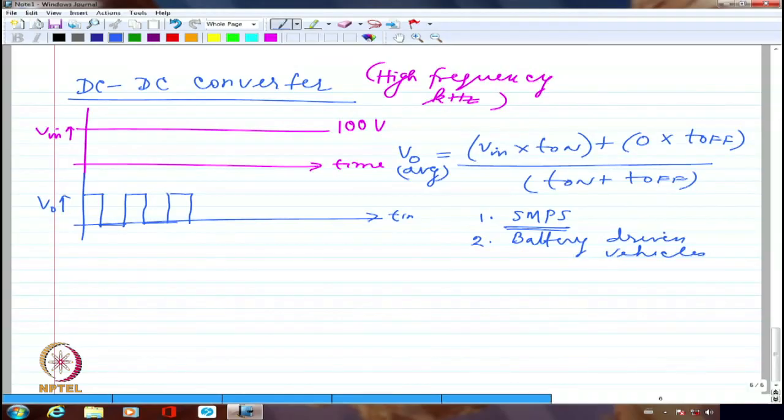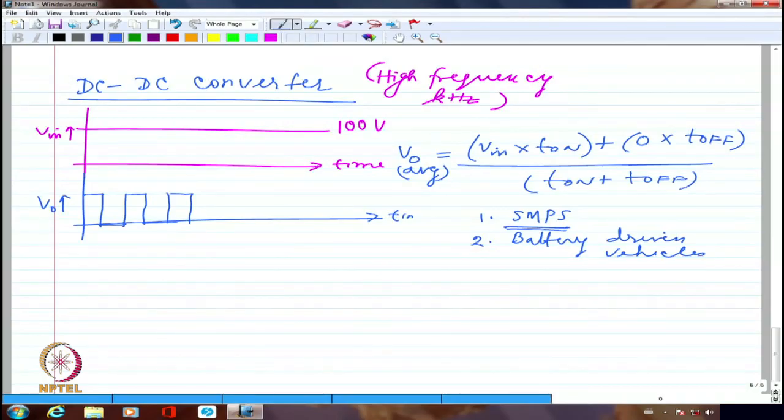It depends upon the temperature at which it is operating and also on the illumination level. Illumination level normally decides how much current is coming out, and the temperature indirectly decides the kind of voltage, and the load I have connected also decides the voltage. So you are not going to have a constant voltage.